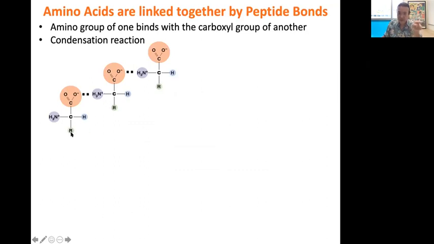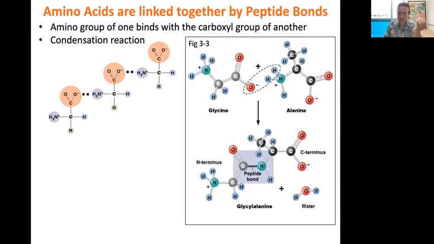So here, remember, the R's are sort of generic because these could be any of the 20 amino acids that we're chaining together. It doesn't matter because the important thing is all the amino acids have the carboxyl group and the amine group. And so this way of bridging or linking together the amino acids, right, works for all 20 amino acids in a condensation reaction.